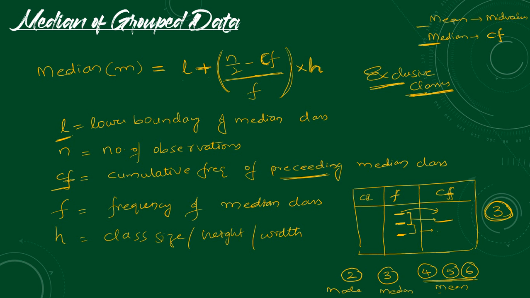I already discussed this in the first video, to remember the number of columns. If you see them in order, you can clearly understand: mode requires 2, median requires 3, mean requires 4 in the direct method, 5 in the assumed mean method, and 6 in the step deviation method, right? Likewise you can remember it.